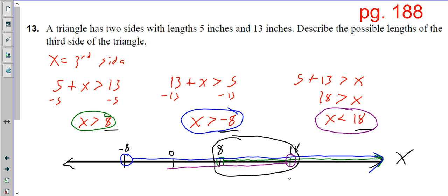So we can say that x has to be greater than 8. It's non-inclusive because it's an open circle, and it has to be less than 18. Okay, so those x values would satisfy all three of our conditions to make sure it can make a triangle.